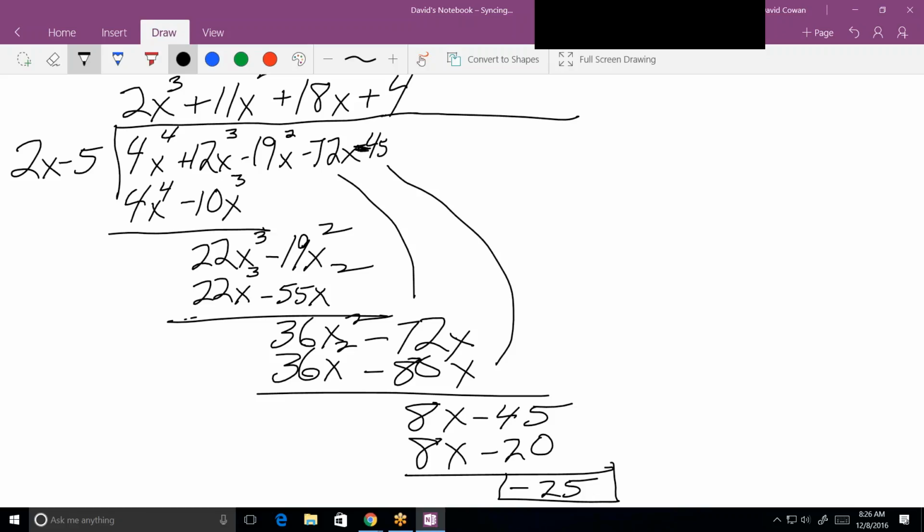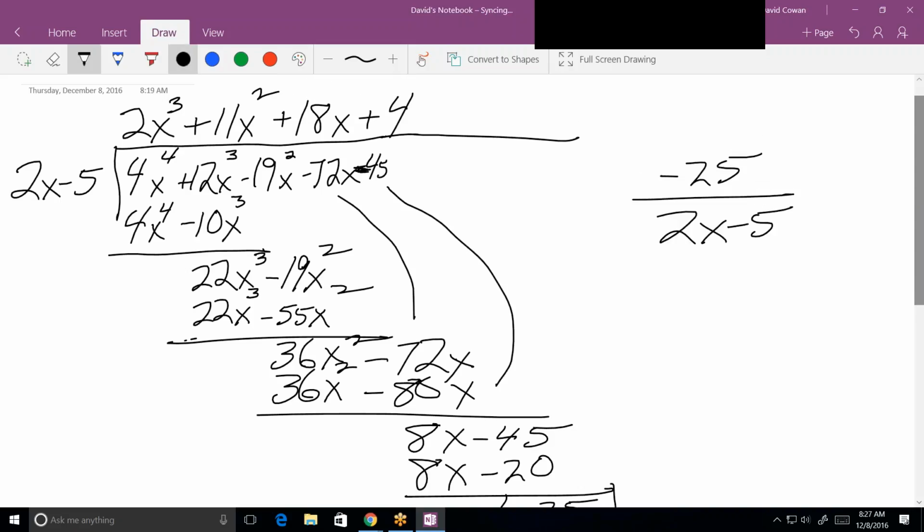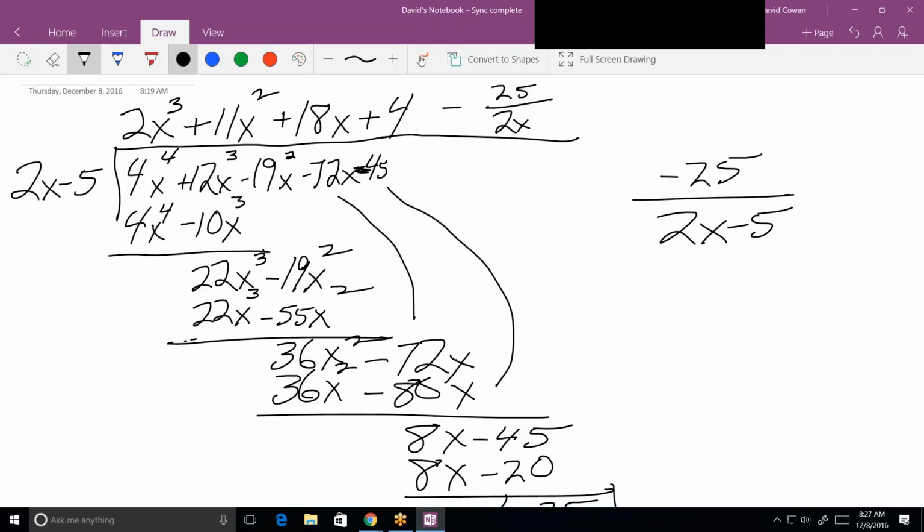Okay? So you can either give this as an answer with a remainder of minus 25, but what a remainder really means is it's minus 25 divided by your divisor, 2x minus 5. So my answer is that polynomial, the quotient, minus 25 divided by 2x minus 5.